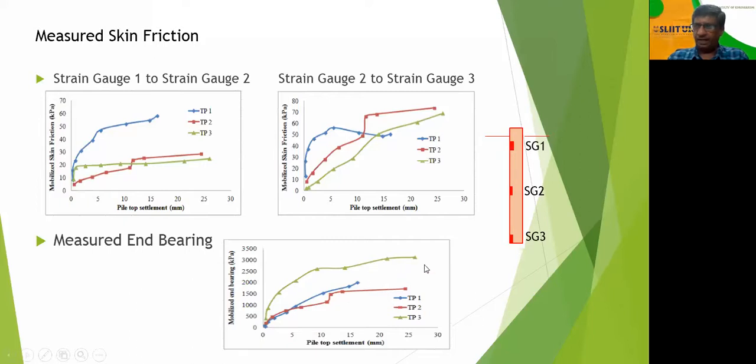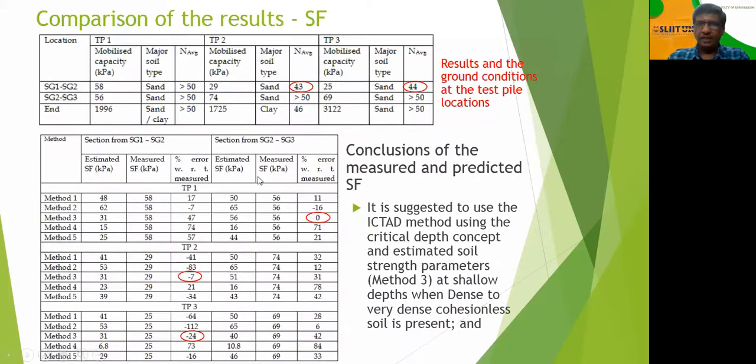The measured values. Now if you compare the ground condition in test pile 1, between strain gauge 1 and strain gauge 2, you have the SPT N value greater than 50. So the ground variation here is very limited. And between strain gauge 2 and strain gauge 3, the SPT N value is also greater than 50.